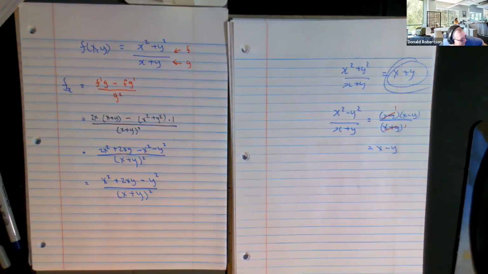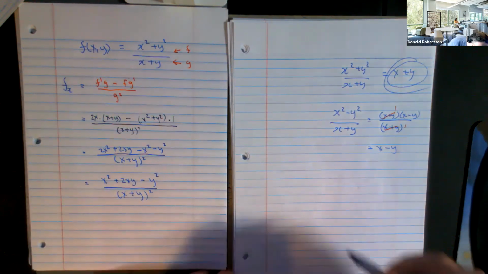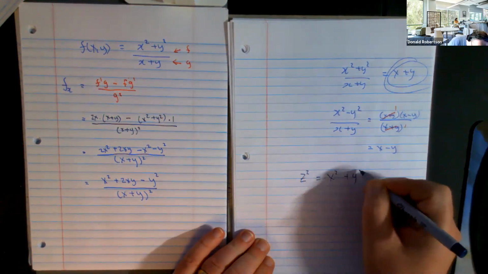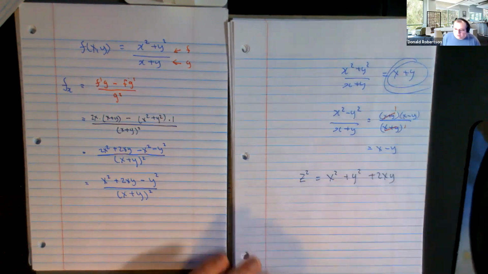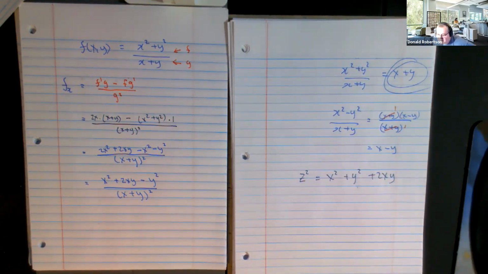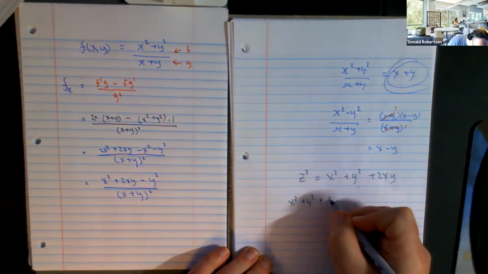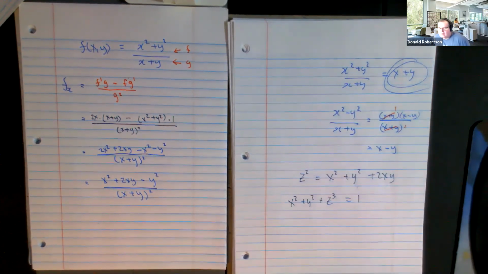Tomorrow, what I'm going to be dealing with is some more complicated versions of partial derivatives and how to find partial derivatives when the function is written like that, not z equals, but z squared equals, or when it's written like that.